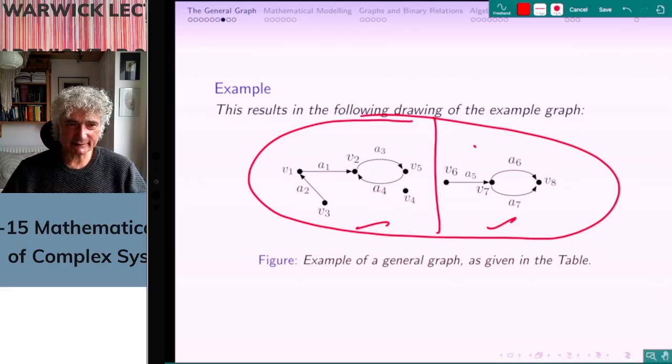So in this case, the drawing of the graph is making this point much more illustrative. Actually, if you look very closely, there is a third component just consisting of 1 vertex in this case, which has not any connection to the rest of the graph.